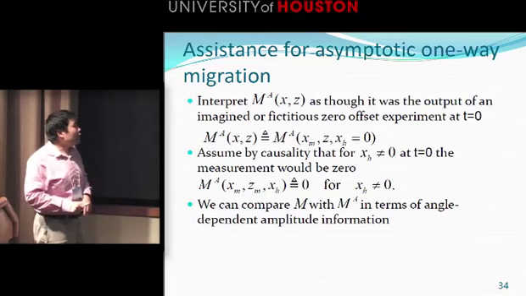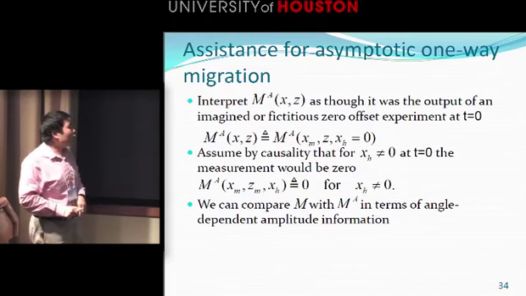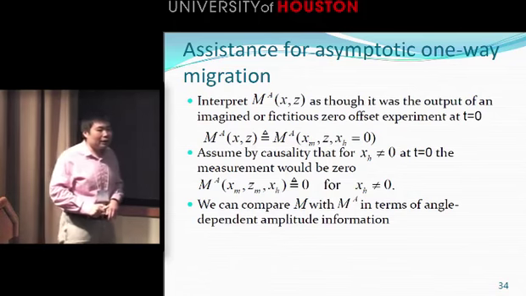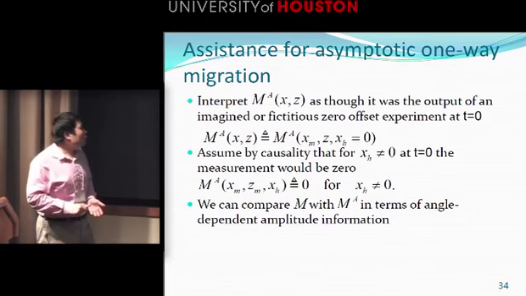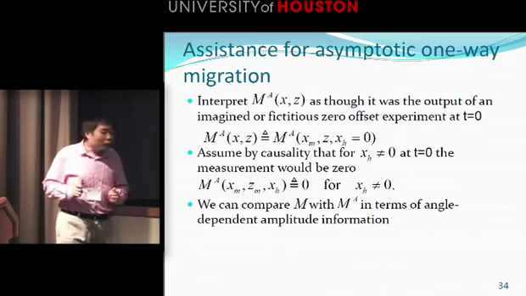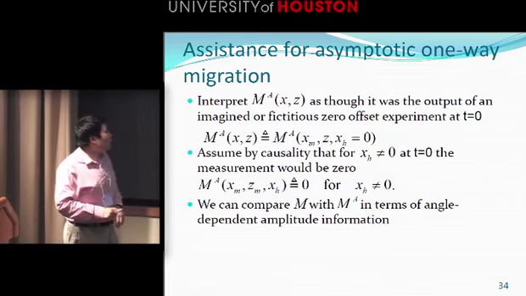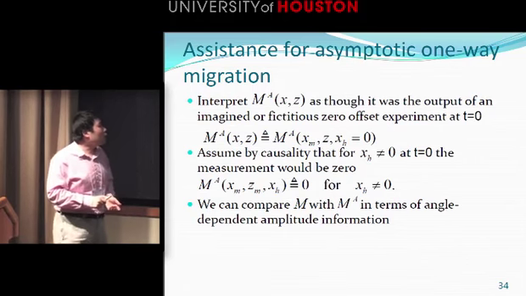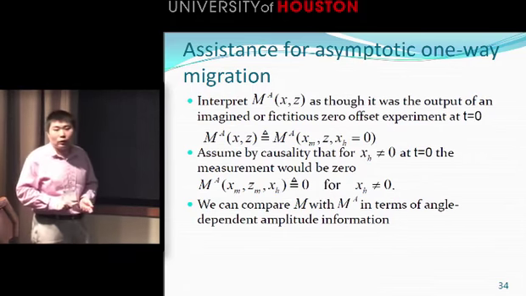By doing that, it's not enough, because if we want the freedom of the subsurface offset, we need to answer what the value of this image is with non-zero subsurface offset. From causality, we assume that for all subsurface offsets not equal to 0, the value of this asymptotic migration result is 0.